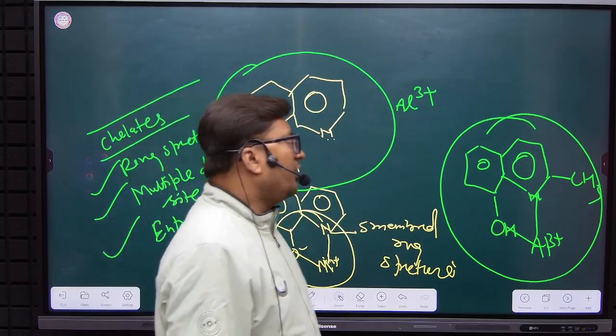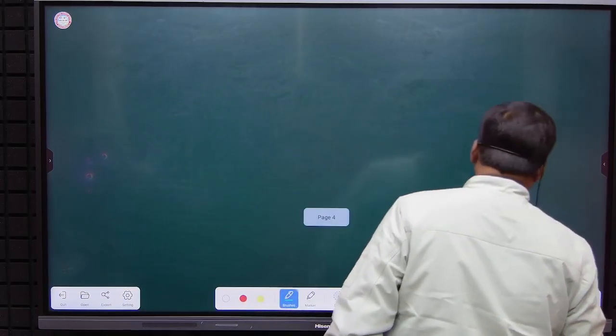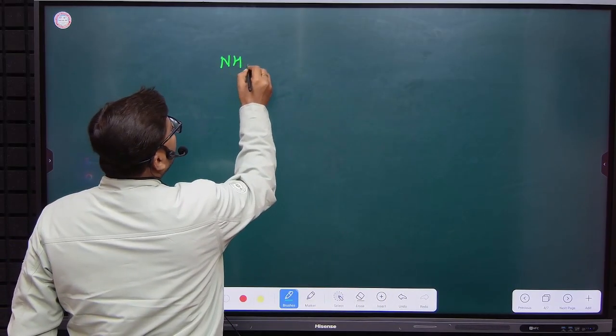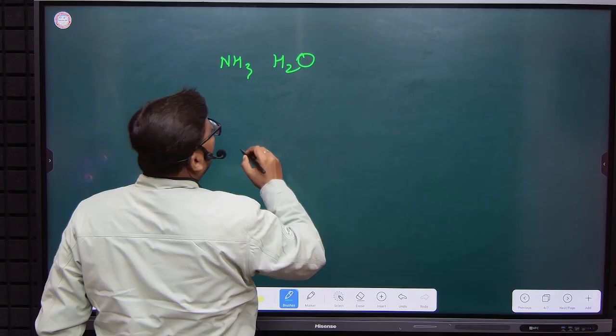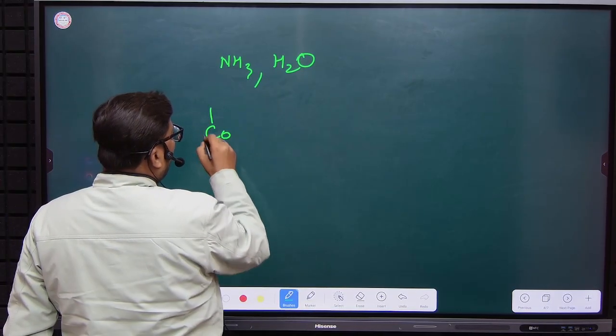Compare with a unidentate ligand like ammonia or H2O.